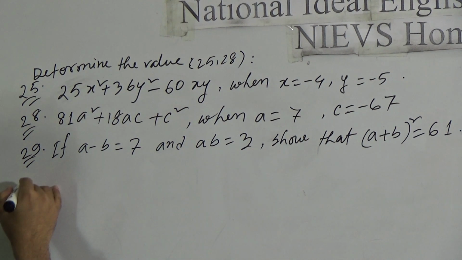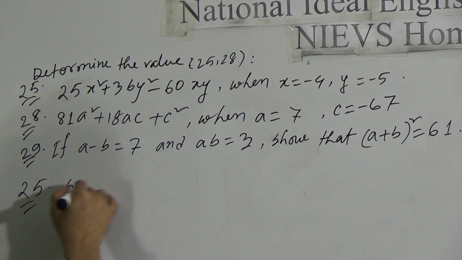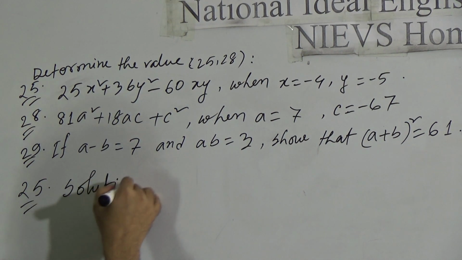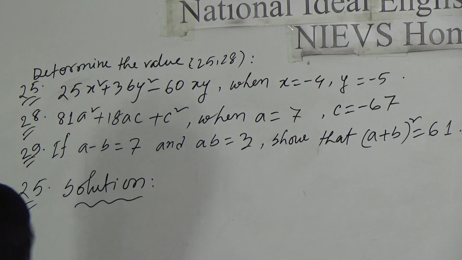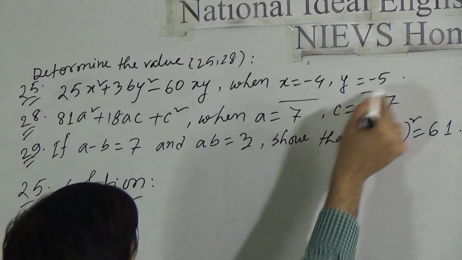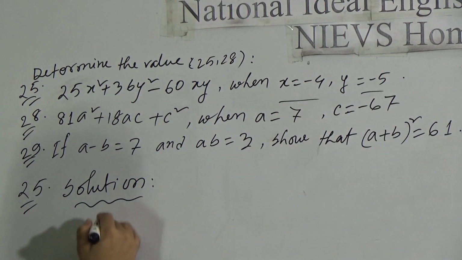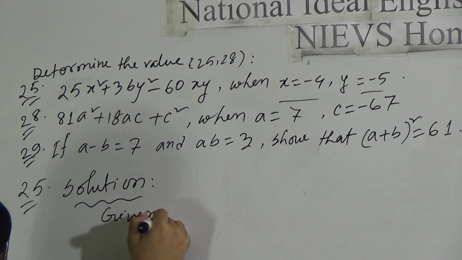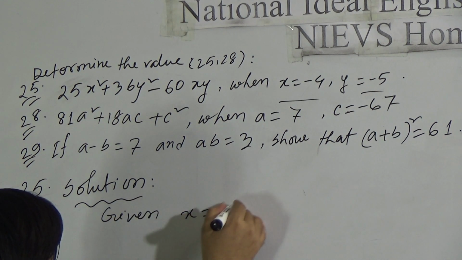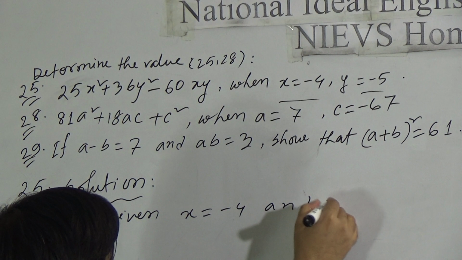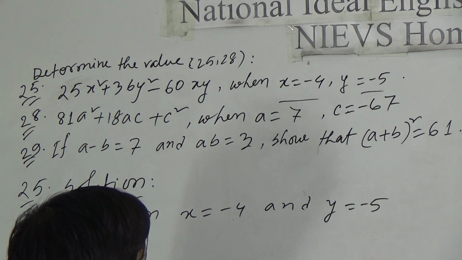Okay dear students, now see, at first I will solve question 25. We need to determine the value of the given expression. For this, the values of x and y are given. So we can write here at first, given: value of x is minus 4 and y equals minus 5.